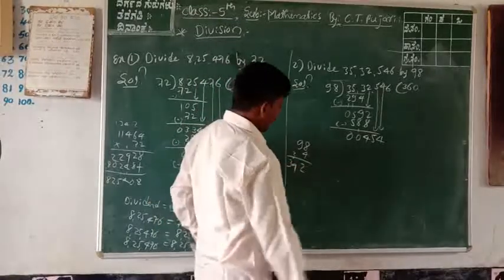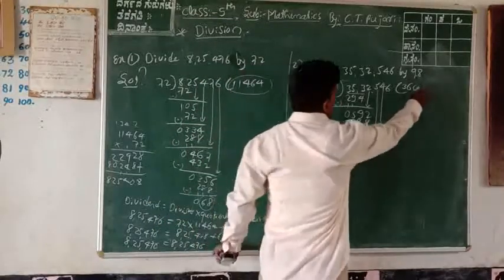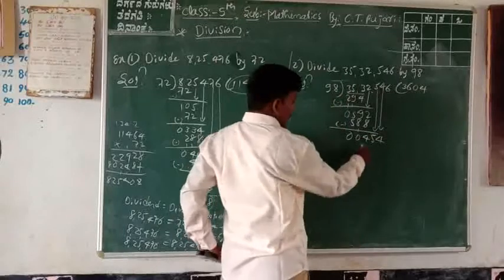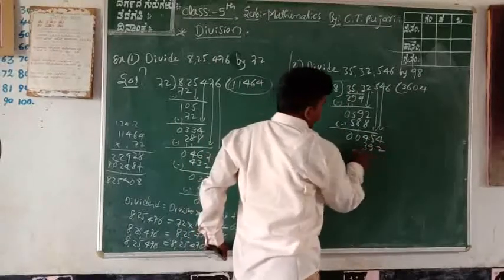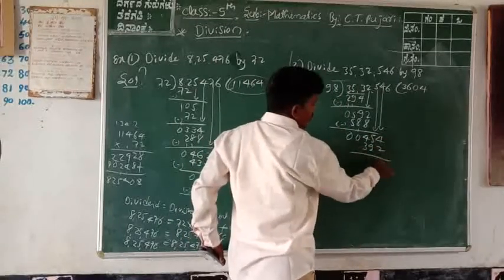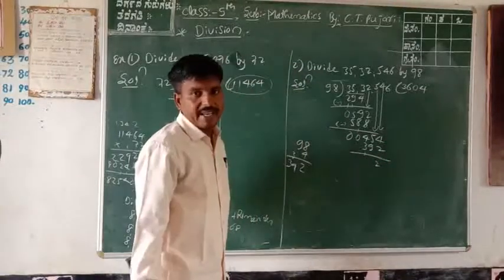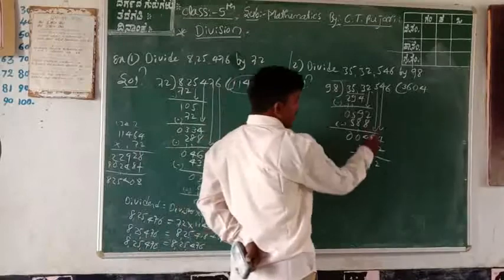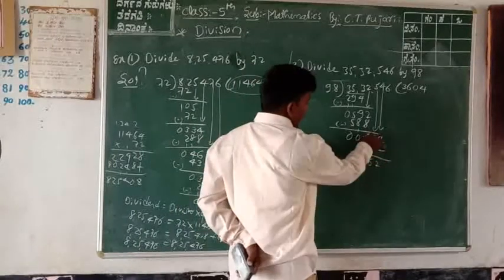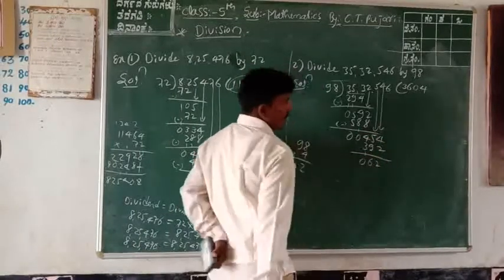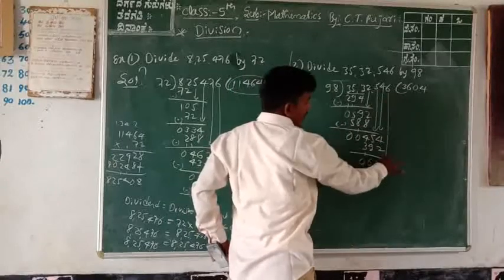Therefore, 4s are 392. 4 minus 2 is 2. 5 minus 9 is impossible. You can take carry. 15 minus 9 is 6. Again 4 minus 4 is 0. Next you can take 6 down.